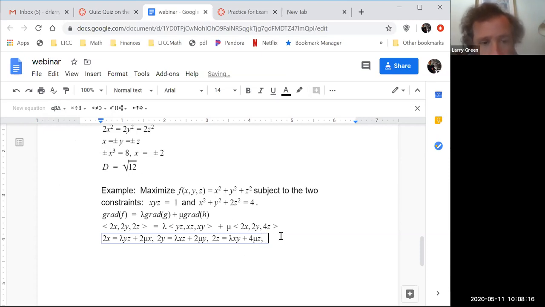And then we're also going to have xyz equals 1. And we're going to have x squared plus y squared plus 2z squared equals 4. Any questions on this?